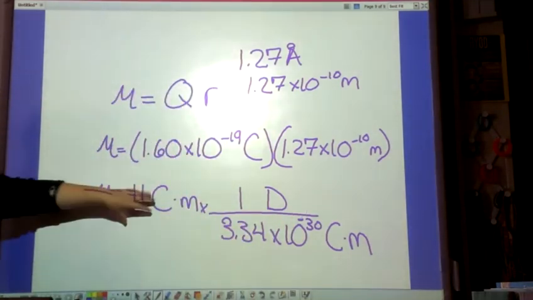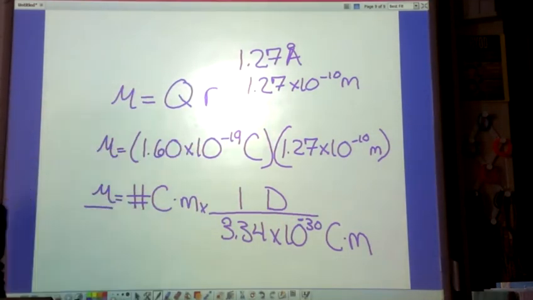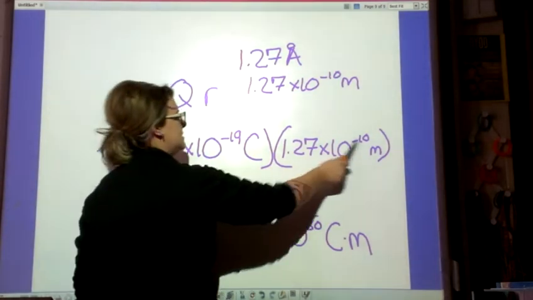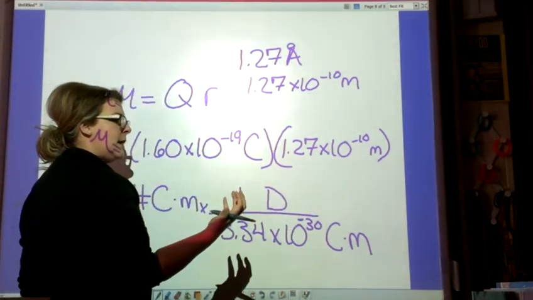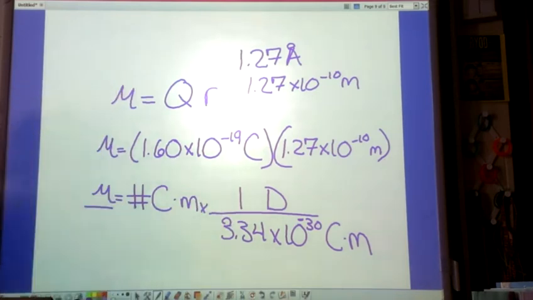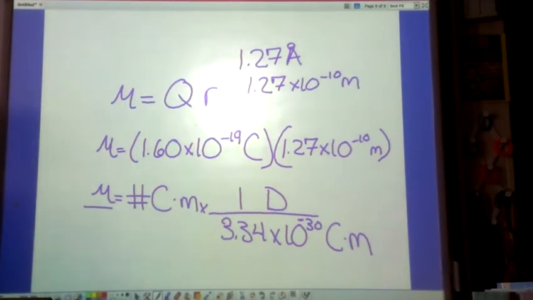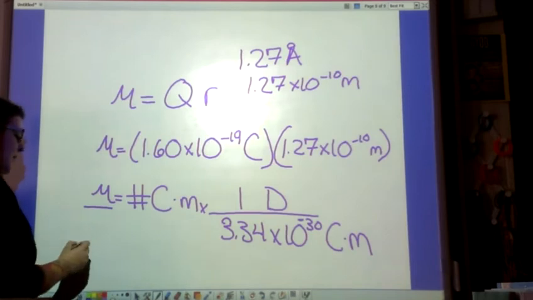So I would take whatever number we found here and divide it by the 3.34 times 10 to the negative 30th. Should get around like 6, like 6 point something, because this would be to the negative 29th, and I'm dividing that by negative 30th. I should get a fairly small number, so it should be like 6 point something, okay?